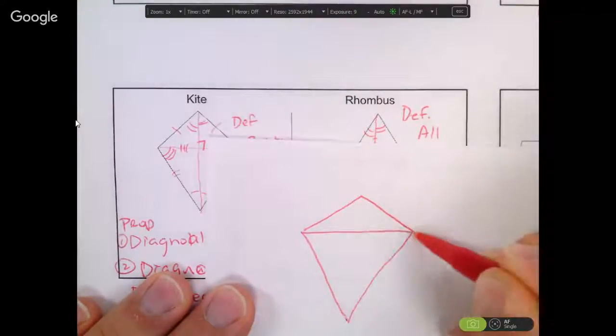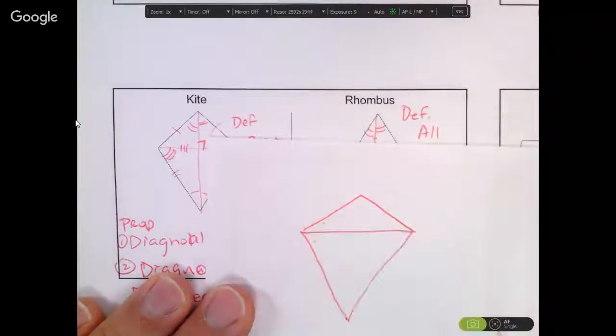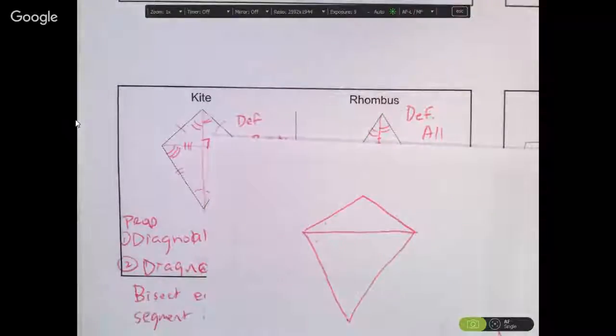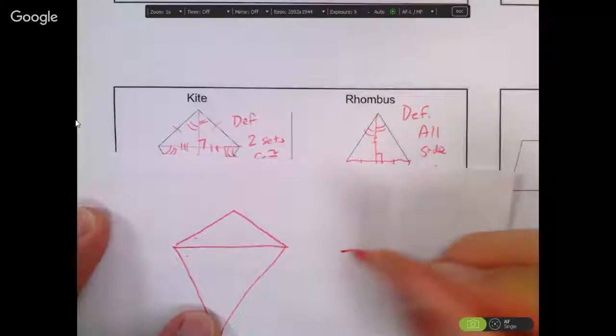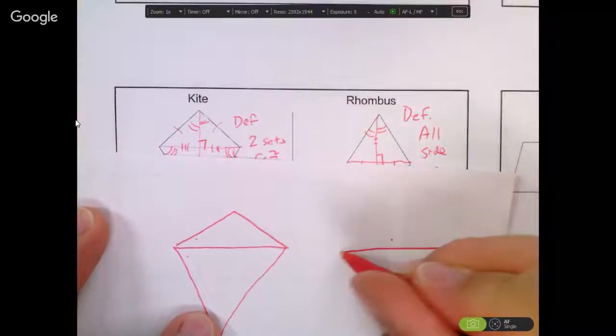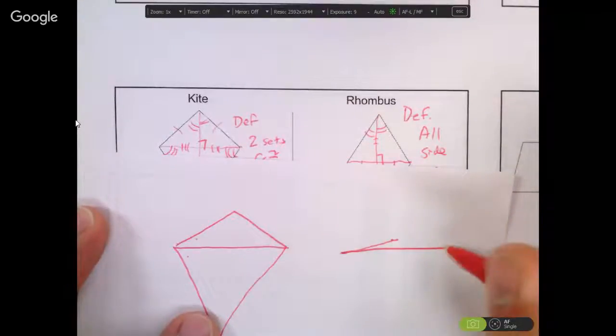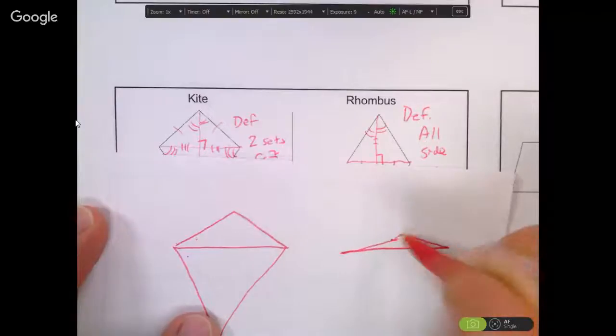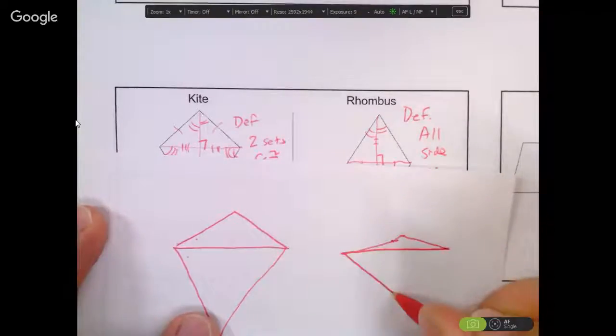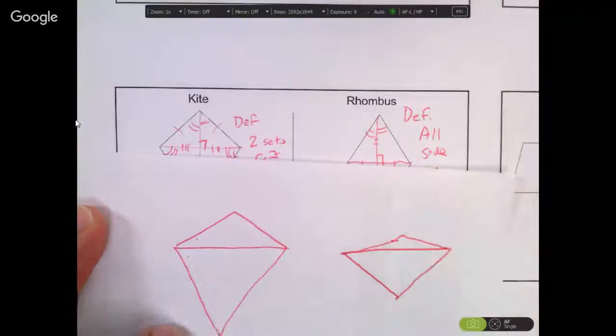Brody, look at the board. Can you see that these two angles aren't congruent? Maybe I should make it flatter. It looks like my melted ice cream cone.